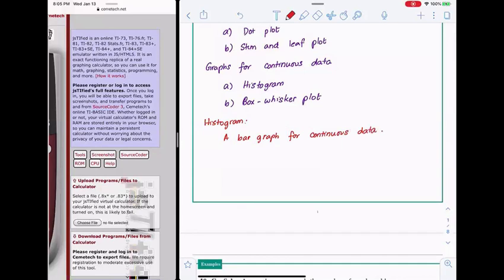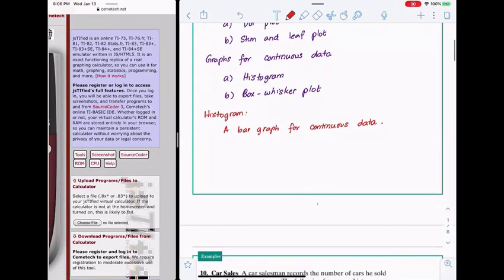So we know what a bar graph is. We know we could get the shape of data from a bar graph, as I mentioned in the previous video, even though there it is not meaningful to look at the shape of data because that is qualitative data. But when it comes to a continuous sample or a continuous data set, then a nicely created bar graph will show you a good shape.